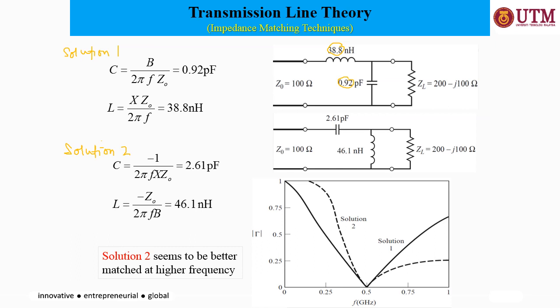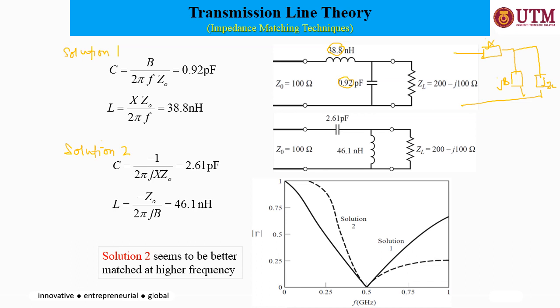When you have the normalized impedance within the 1 plus jx circle, the configuration will be jx in series, and then the first element jB will be in parallel to the load ZL.